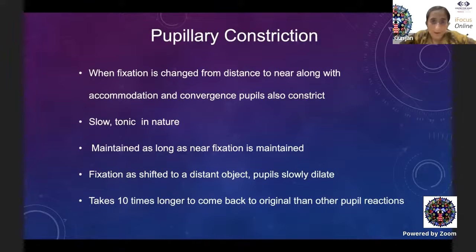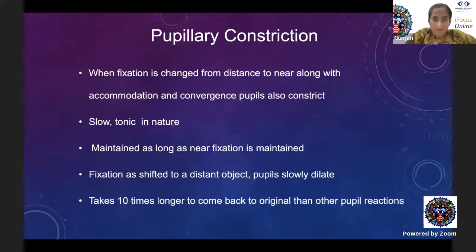Coming to the third part of the accommodation, near vision complex, that is accommodation, convergence, and pupillary constriction. So pupillary constriction is the third part of the near vision complex. Whenever the fixation is changed from distance to near, along with accommodation and convergence, the pupils also constrict.